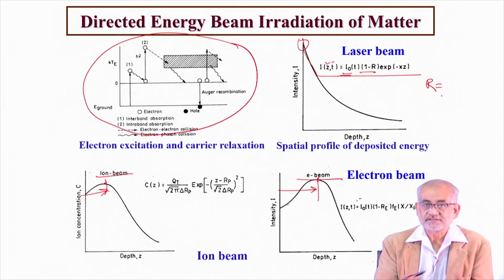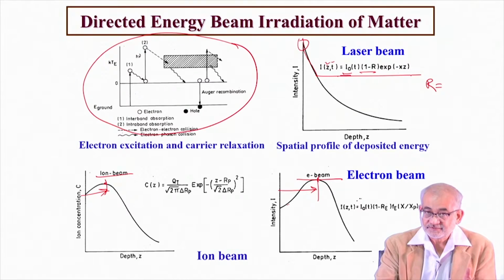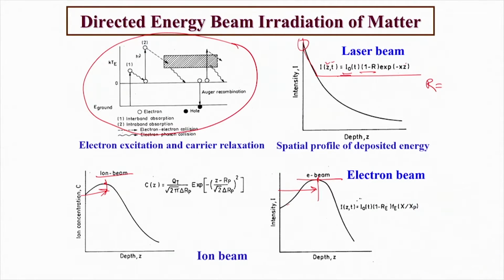Absorptivity is a dimensionless quotient, whereas absorption coefficient, this is actually alpha, has a certain unit. So nevertheless, what it means is that intensity decreases with Z, with the distance or depth from the surface.